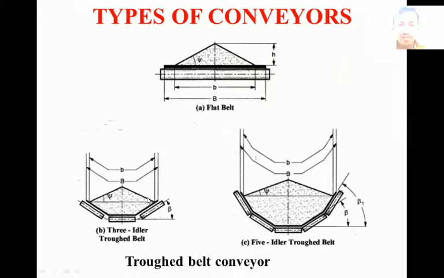Because of this, the material carrying capacity will be increased and there is no slippage of the material from the conveyor system. Normally 3 idlers and 5 idlers are used. So you can pronounce it as a troughed belt conveyor.